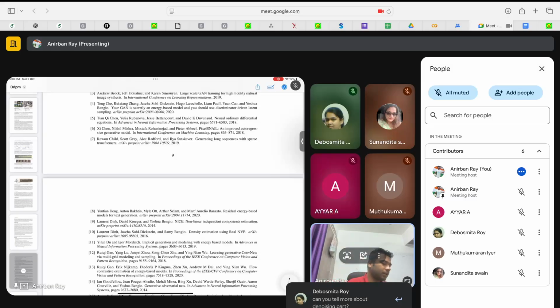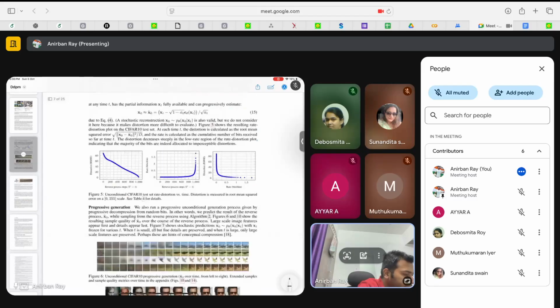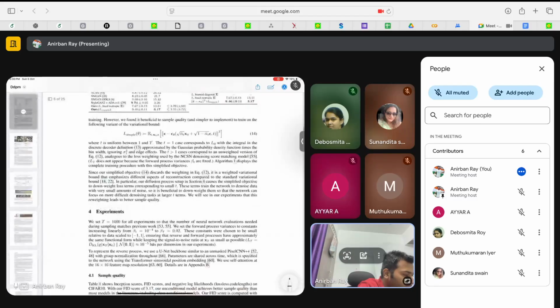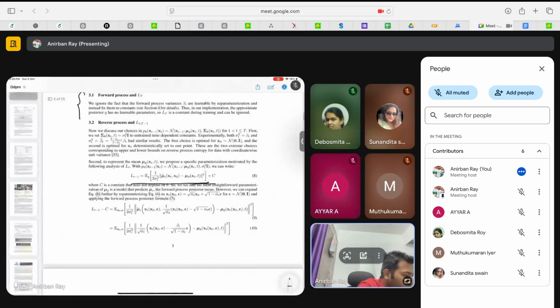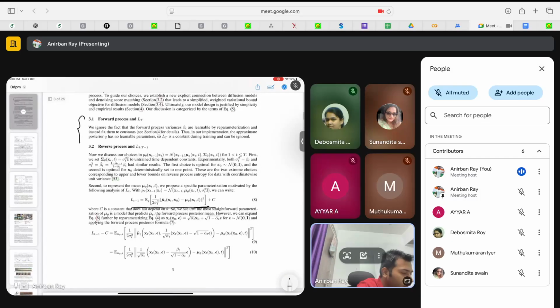Denoising part. Yeah, I moved really quickly here. So, the reverse process, as you can see: we need to learn this distribution. For every step t, you need mu theta and sigma theta.